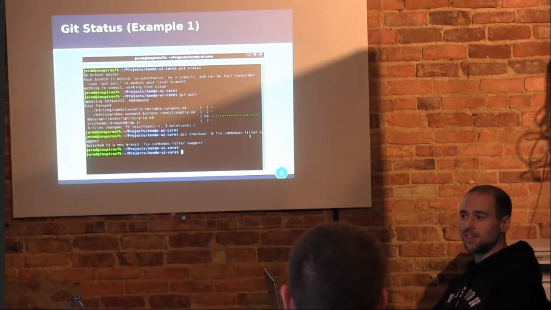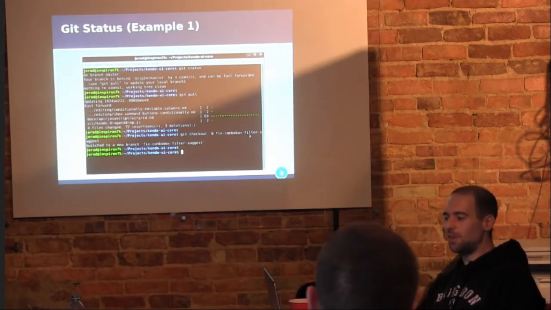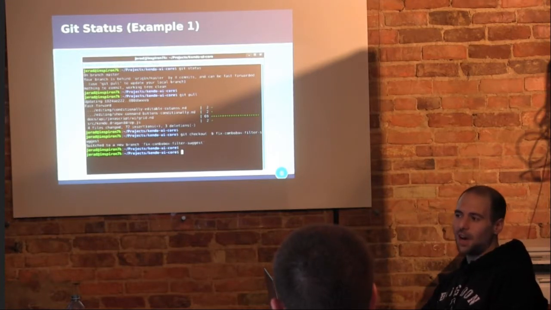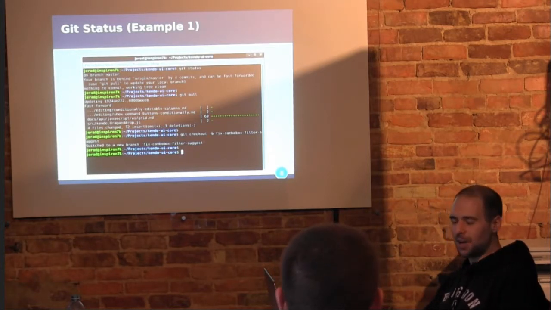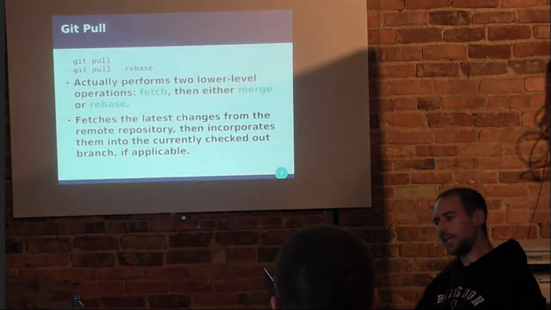It doesn't exist yet on any remote repositories. So if I were to do a git pull on this branch, Git would actually output and tell me, "What are you doing? I don't know of any remote branch to pull from," and then you have to specify a little bit more information in order for that command to succeed.